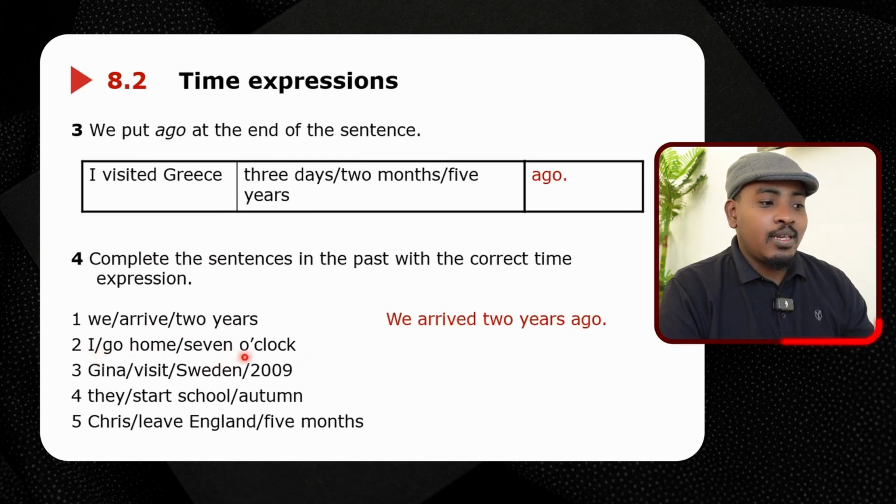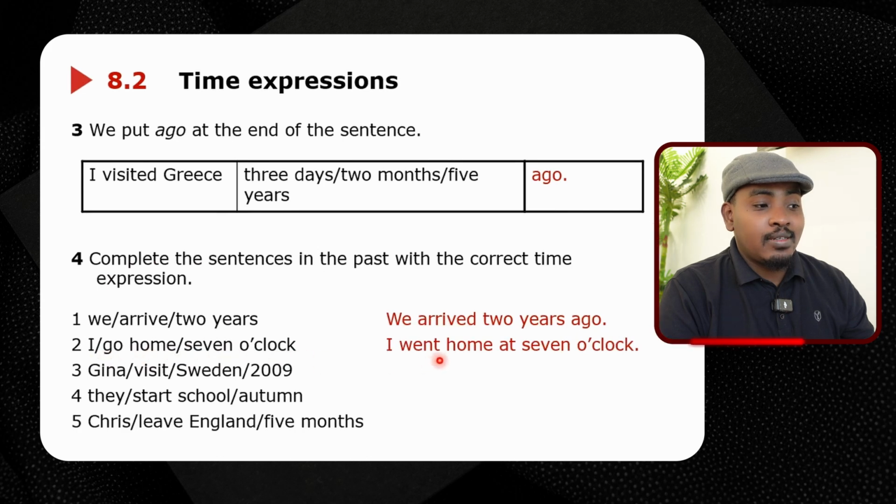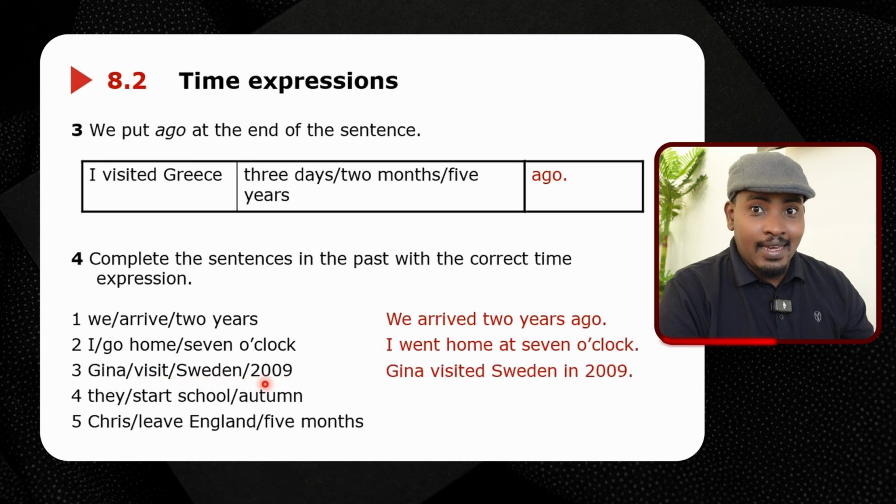I go home 7 o'clock. So we say what? I went home at 7 o'clock. Okay. Here, Gina, visit Sweden 2009. Gina visited Sweden in 2009. Right? They start school autumn.